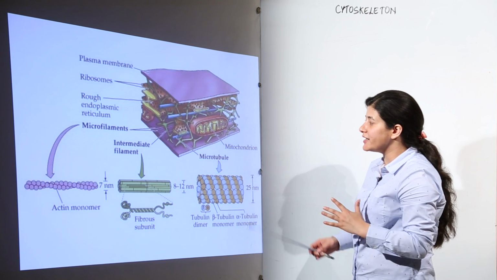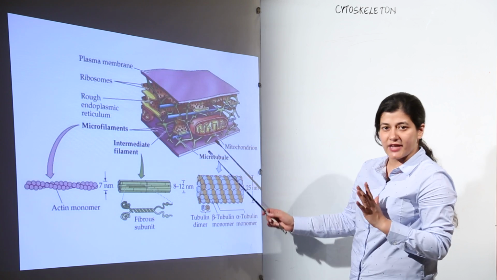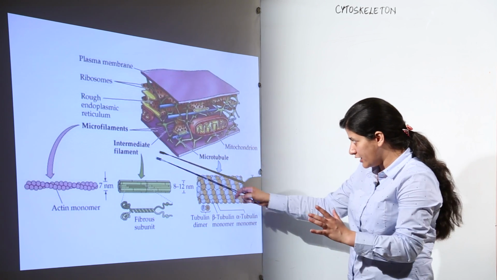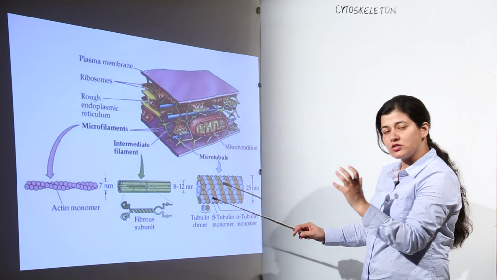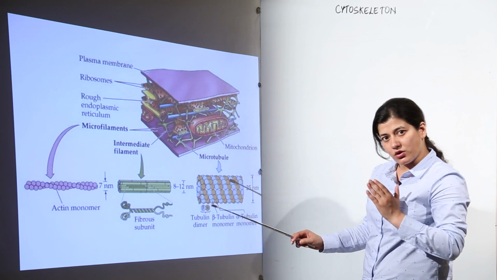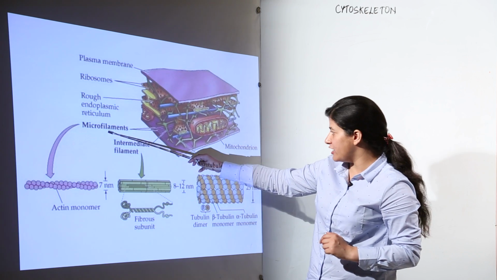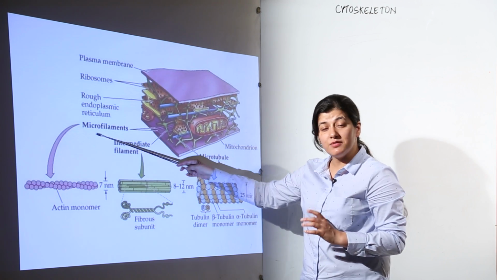What you have to understand is that there are three types of cytoskeletal elements. The first one is the microfilament. As I tell you one by one, please pay attention. They are in increasing order according to their size. As the name suggests, micro means smallest.